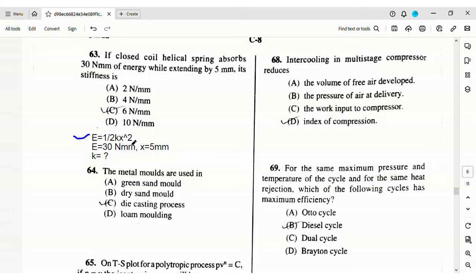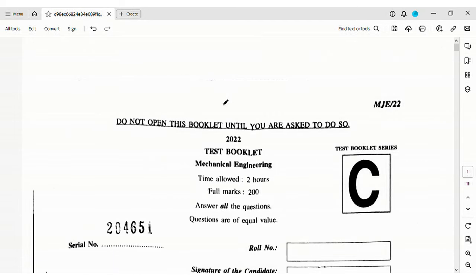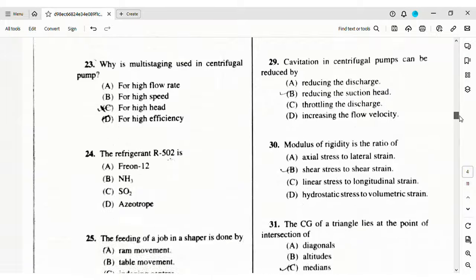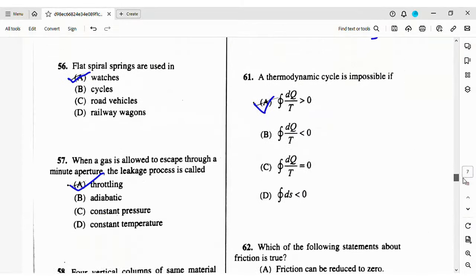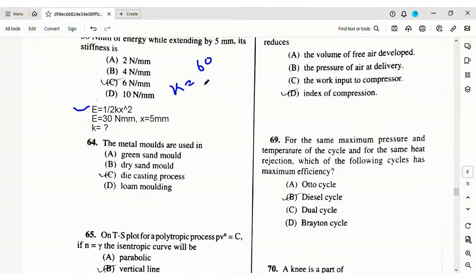So from that equation, if we input energy E 30 and x 5, k equals 60 by 25. So the answer will be 2.4. That all the options are wrong.